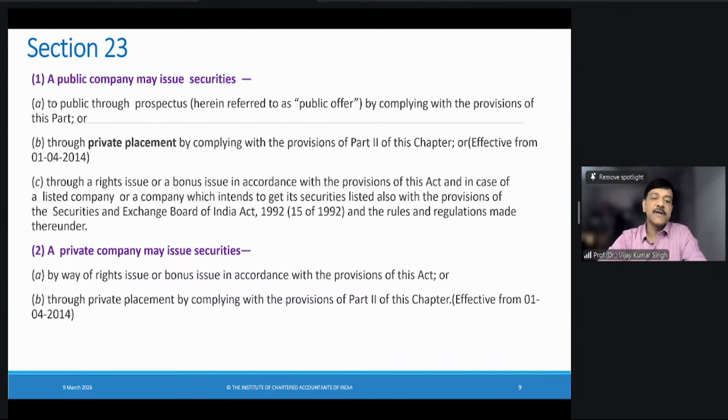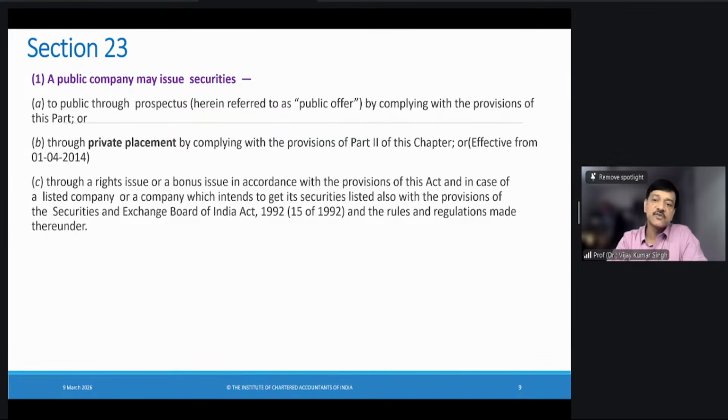So this is a requirement under the law. If you see here, the law is very, very clear. In case of a public company, we saw there are 4 modes. In case of a private company, there are only 3 modes. This you have already seen here in this particular chart. This is the explanation of section 23.